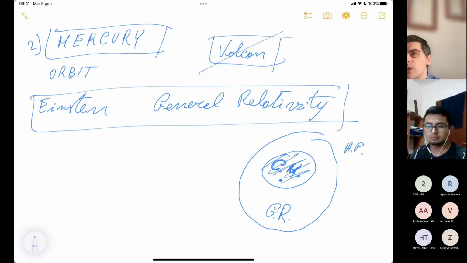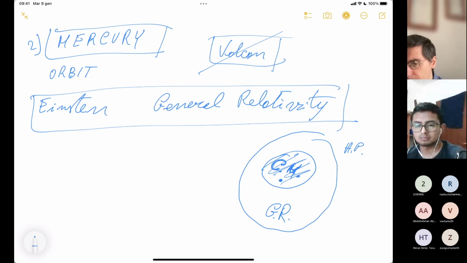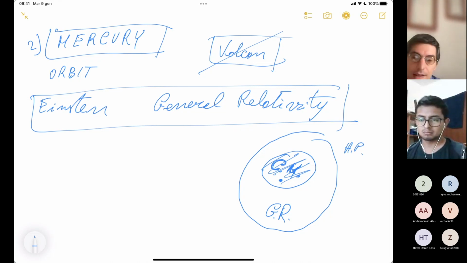So at the end of the story, you can study the motion of the other planets, which are far from the Sun, the Earth, Mars, Uranus, and so on, with general relativity. You can do it also with classical mechanics. So one can say, why not use general relativity? Because in this way we can describe everything in the solar system. The problem is that classical mechanics is easier than general relativity.